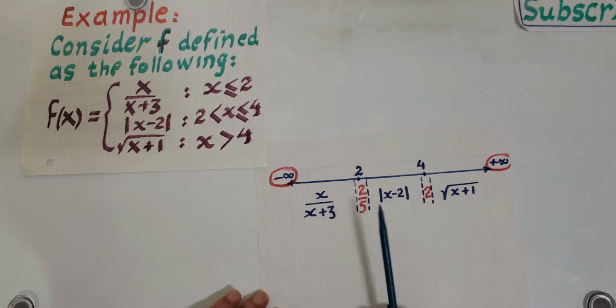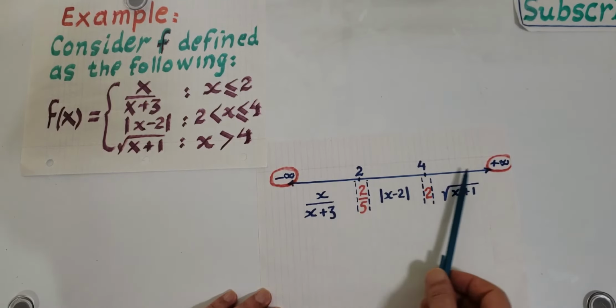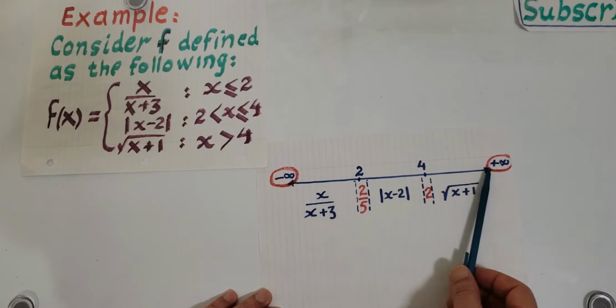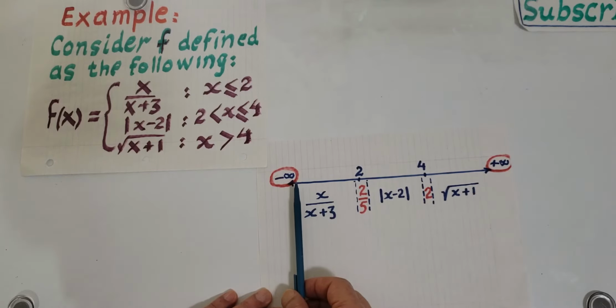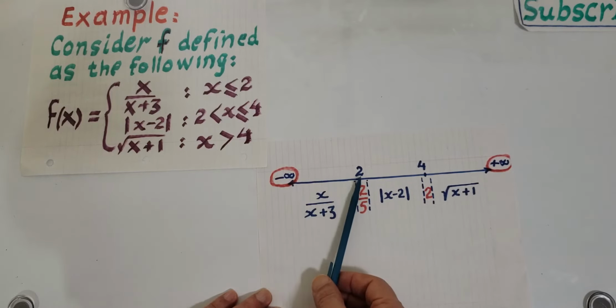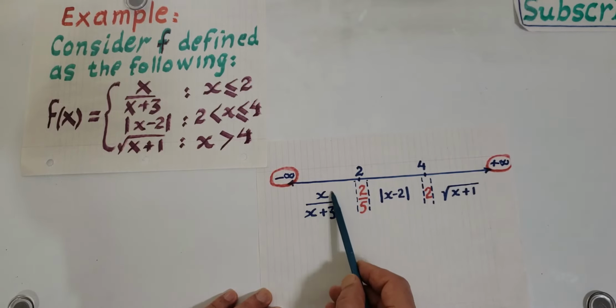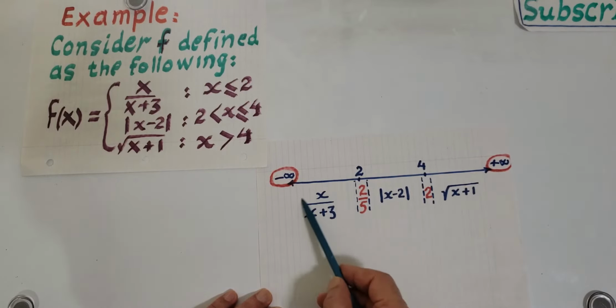And there are three parts on this real line. The first part starts from negative infinity till number 2, which is defined by equation 1.